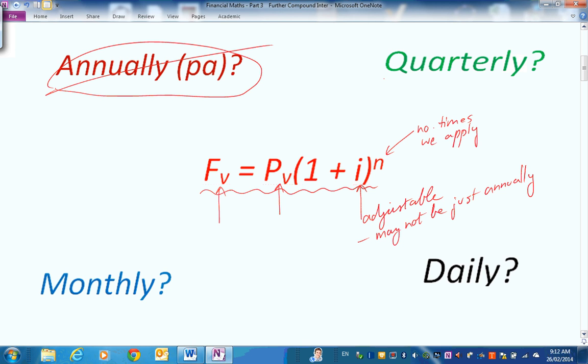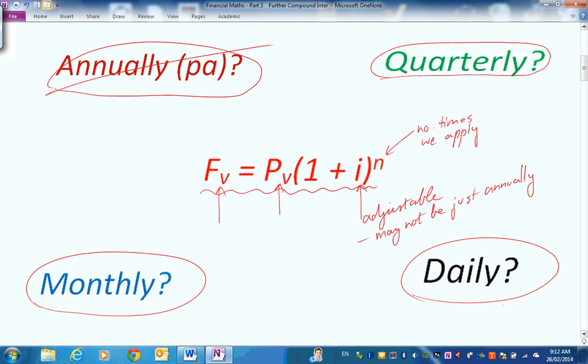Quite often banks, or investments, will return you a payment, a dividend, and interest every quarter or every month, and quite often big transactions are calculated daily. So they actually calculate an interest rate on the amount at various times during the year. So this I has to be adjusted.